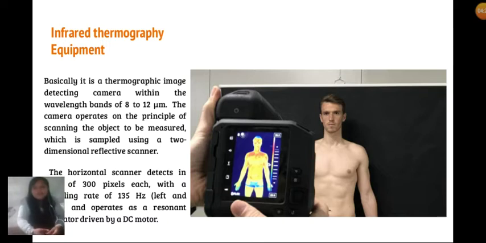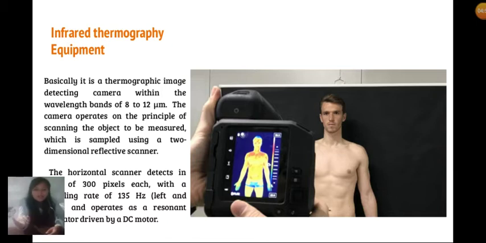First, infrared thermography equipment. Basically, it is a thermographic imaging camera within the wavelength band of 8 to 12 micrometers. The camera operates on the principle of scanning the object to measure it, which is sampled using a two-dimensional reflective scanner.